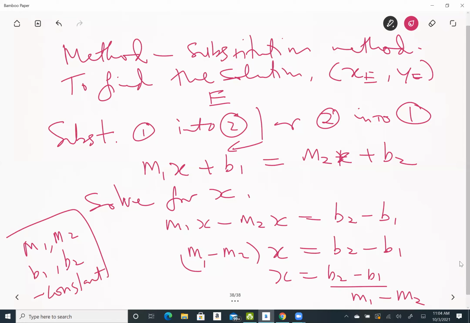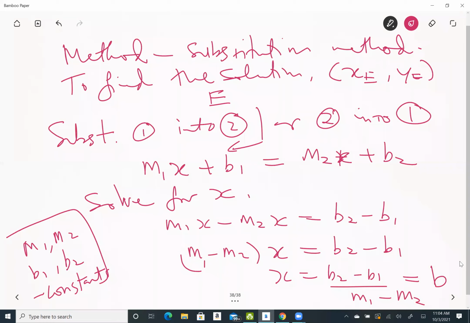They don't change. So m1, m2, the slope, is a constant. It's just a number. So (b2 minus b1) divided by (m1 minus m2) is also a constant. We just call it something. Call it B, so that you don't have to deal with b2 minus b1 over m1 minus m2, which makes your life difficult. So now you get x equal to B.